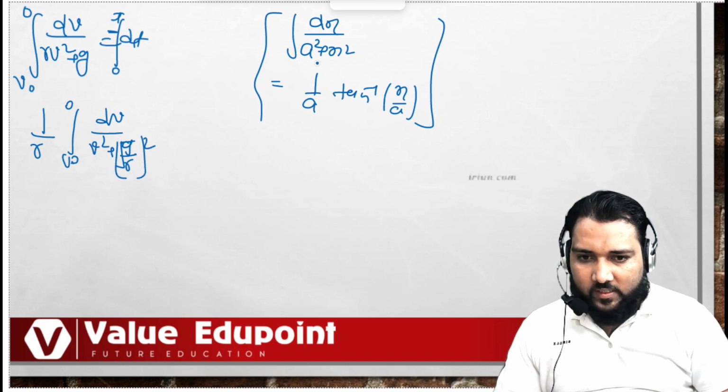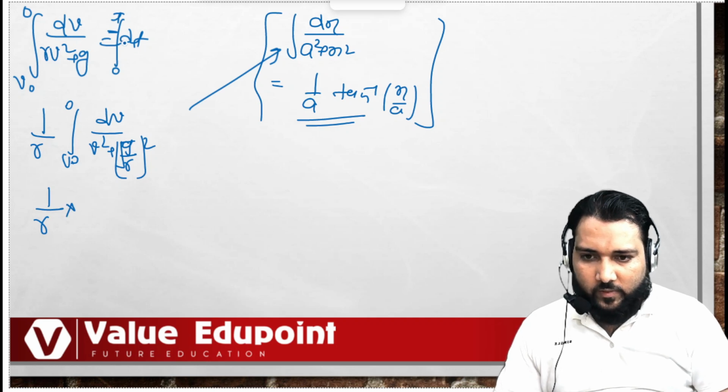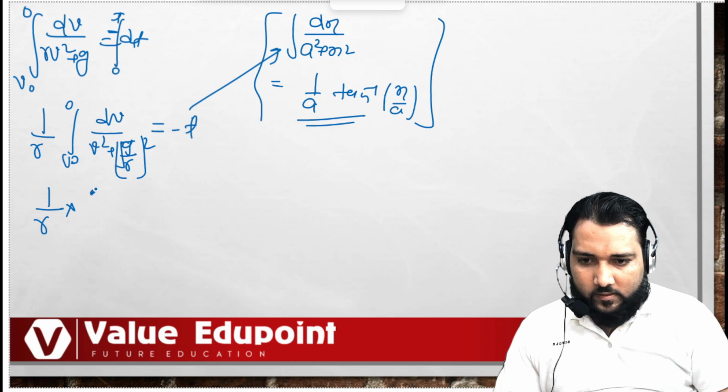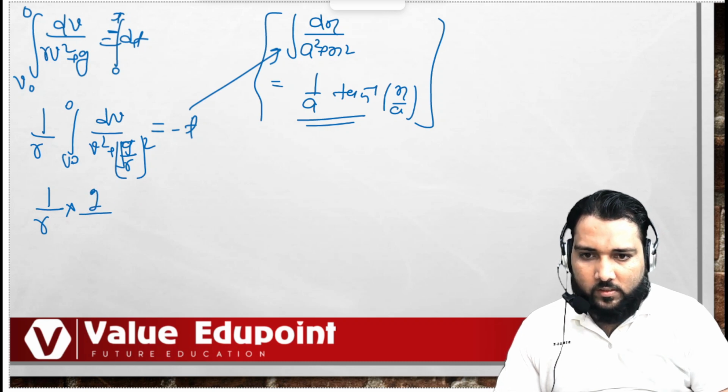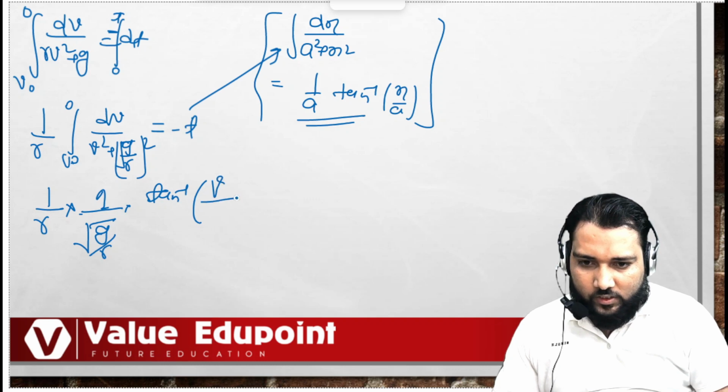Or I am writing this as a square. So when you compare this format, the integration of this format will come out to be this. So that will be gamma, and the minus sign balances, so this is minus t. So this comes out to 1 upon a, where the value of a is root g upon root gamma, and tan inverse x upon a, where x is the velocity and a is root g upon root gamma.